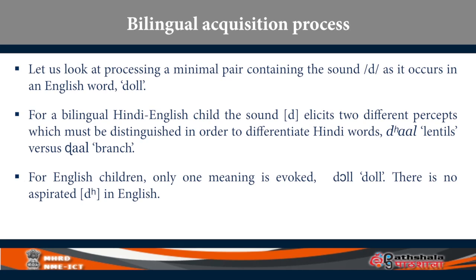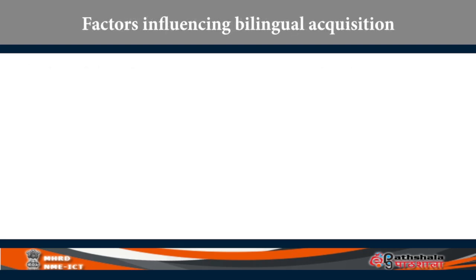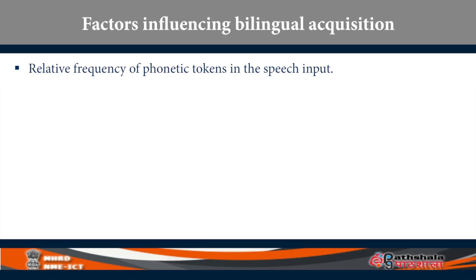So then, what are some of the factors which influence bilingual language acquisition? In addition to native phonemes, you also have how often those phonetic tokens occur in a given language. Do dha and da occur with equal frequency, or is one more frequent than the other?